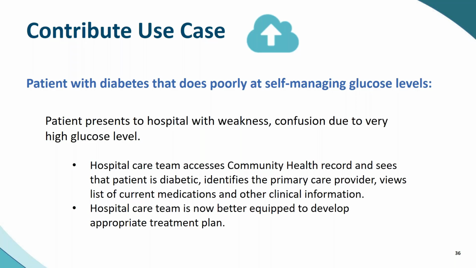They can see when that patient was diagnosed and see the A1C results. So they can look at those A1Cs and see that this patient does a poor job with their A1C, so that the care plan they develop during that inpatient stay or ED visit is going to be more effective for that patient.